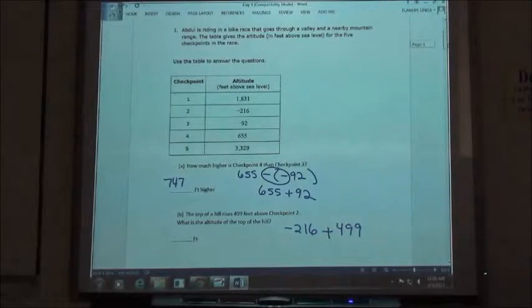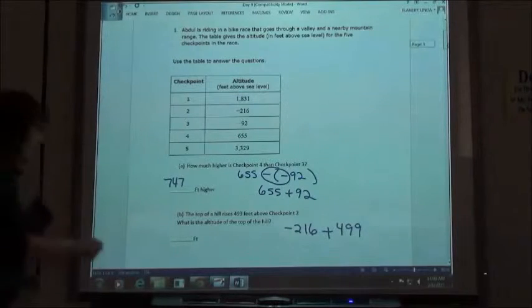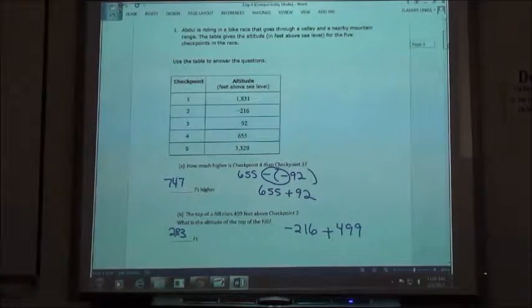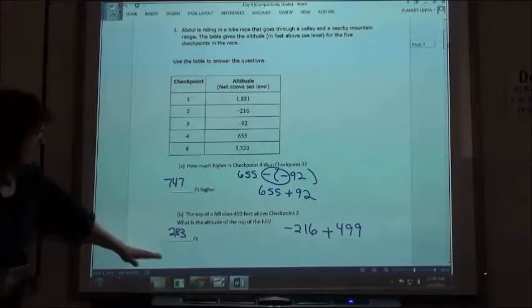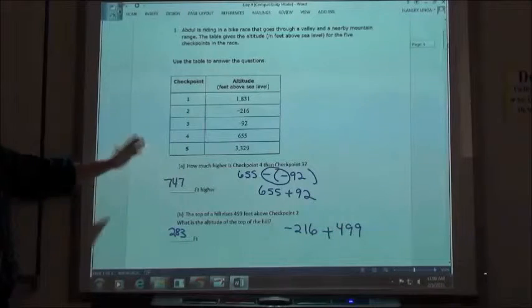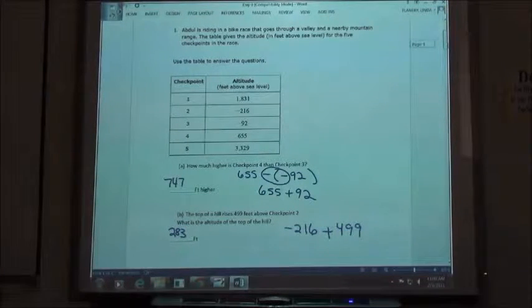My signs are opposite. I end up subtracting and taking the sign of the larger one. 499 minus 216 gives me 283. It's going to be positive, so 283 feet is the altitude of the hill. I went from down here at negative 216, went up 499 from that point, and ended up at 283.